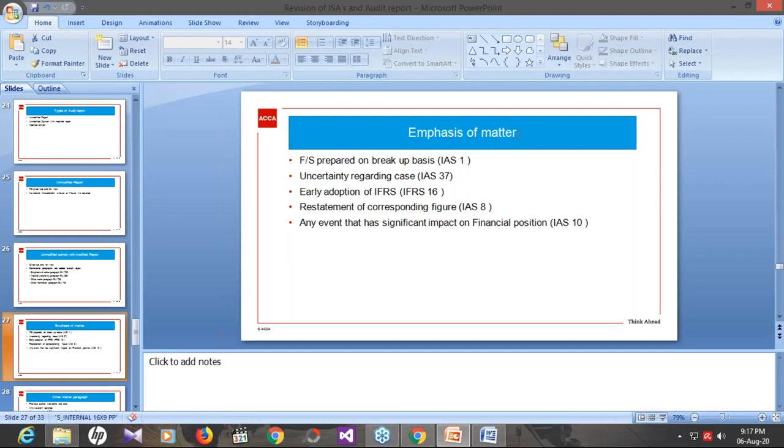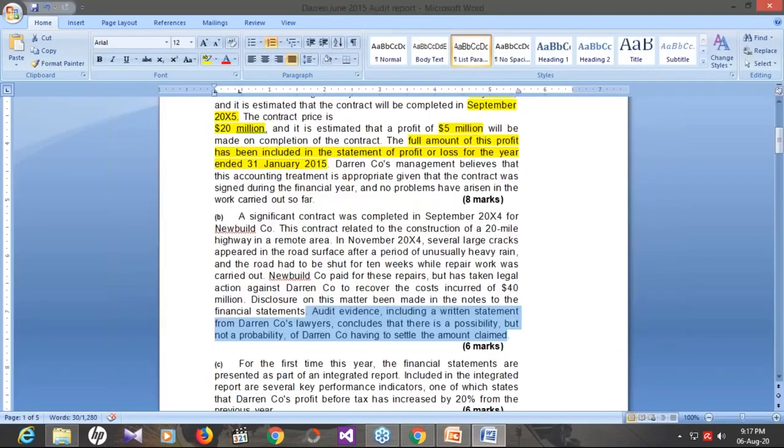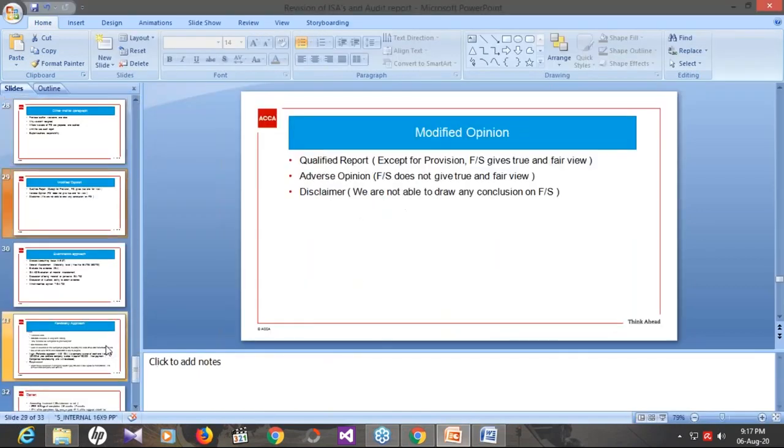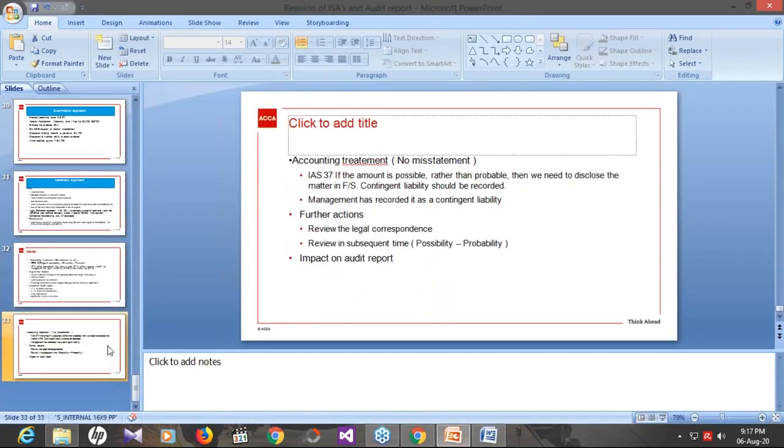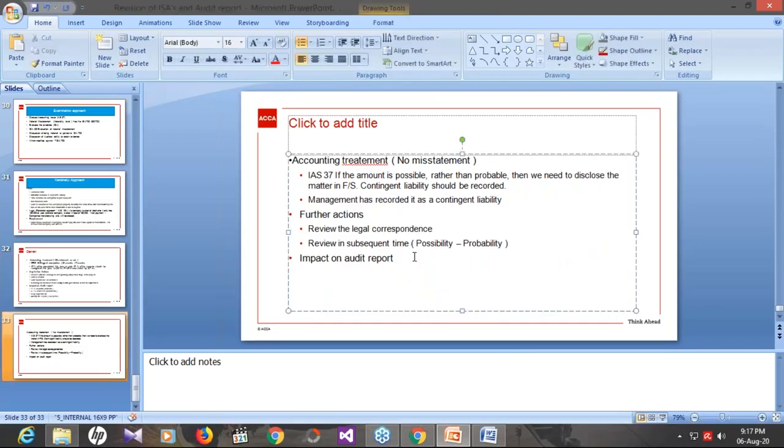So if we go back to our slide, what impact on audit report? Unmodified opinion will be issued, but with emphasis of matter paragraph.